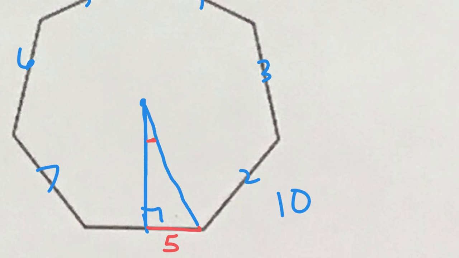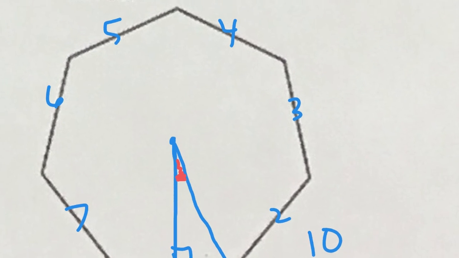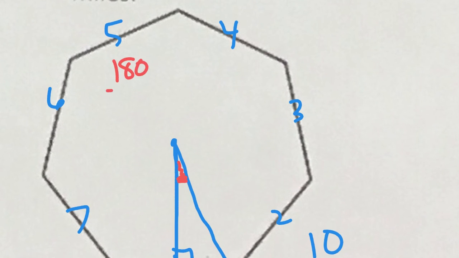And what is our angle that we're going to use for trigonometry? 25.7. Right, a decimal. 180 divided by 7. We're just going to round to 1 decimal for ease of calculations. 25.7. So that's the angle that we're going to use when we calculate your apothem.